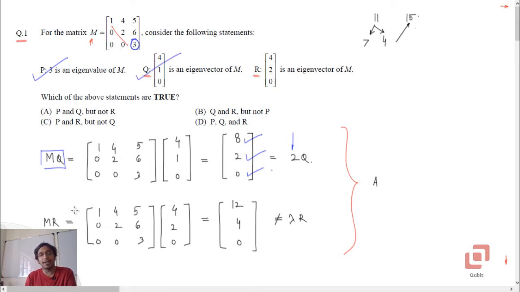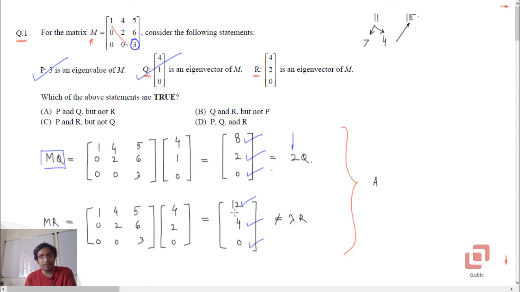Let's check for R. Let us take the product of the matrix M and the vector R. First row, first column: 1 into 4, 4, 4 into 2, 8, and 0, so 12. Second row: 0, 4, 0, so 4, and the third row is anyway going to produce 0.